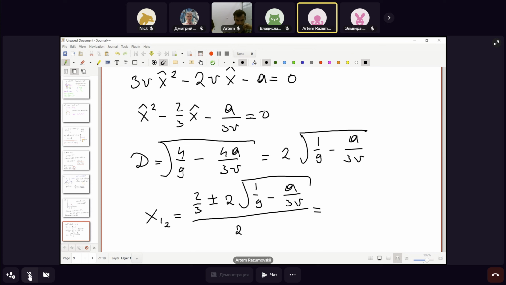So can you follow me? So I will take 1 over 9. I will multiply by 3 and 3, and 9 take out. So it will be 2/3 everywhere. So it will be 1 over 3 in total because we divide by 2 of them. And then it will be 1 plus minus square root of 1 minus 3a over v.